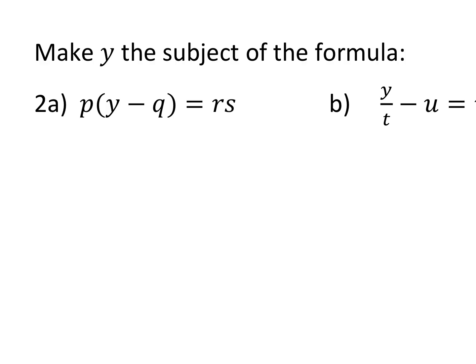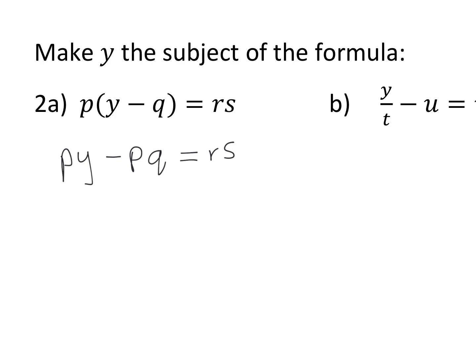In this question, we've got brackets, and there's two different approaches you could take, but I would recommend you expand that bracket out. P times y is py, and p times minus q is minus pq. So the y is multiplied by p, and then pq is taken from it.